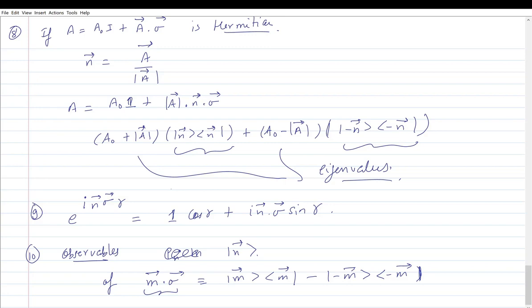So any direction you measure, either you're going to get a +1 eigenvalue or a -1 eigenvalue. And the probability, let's say, of +1, that is getting this guy, is just the inner product squared.